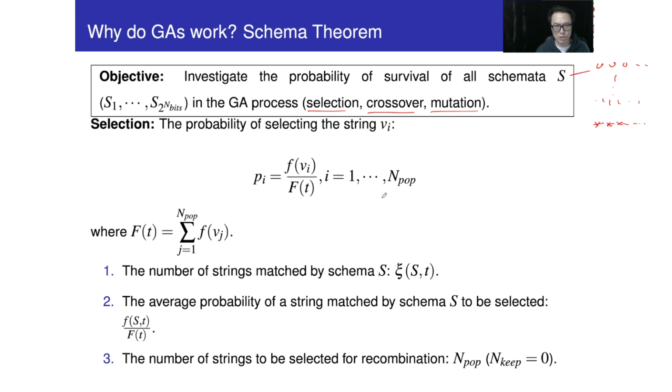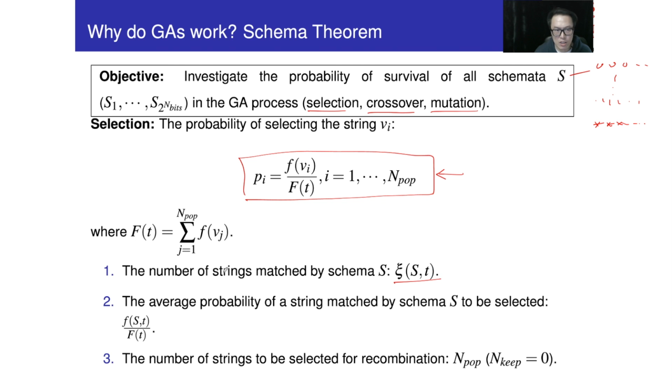This equation is not new to us. We are going to calculate the probability table, and F right here is the total cost of all the chromosomes. I'm going to give you an example later on.